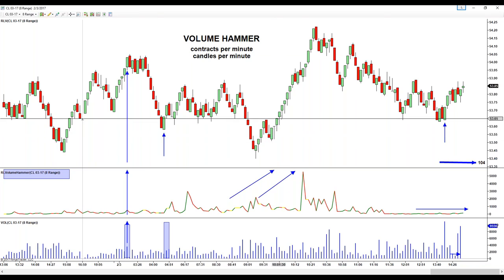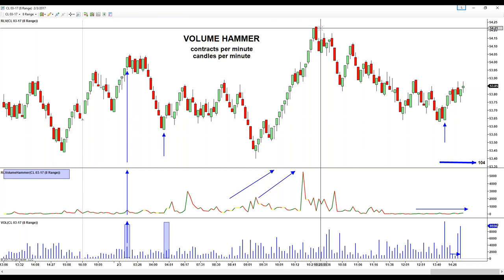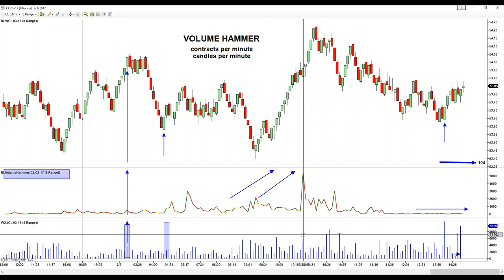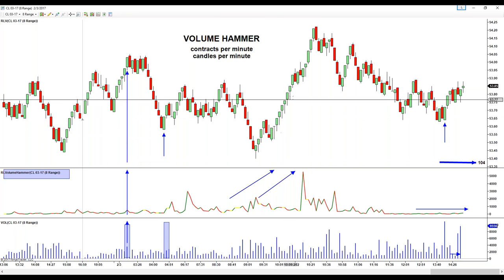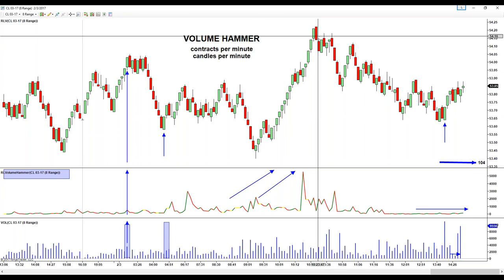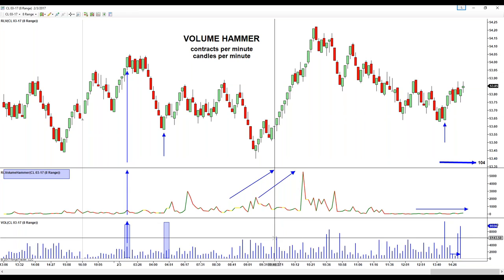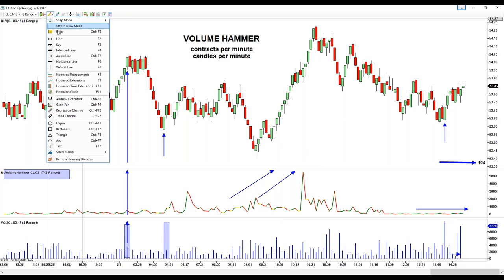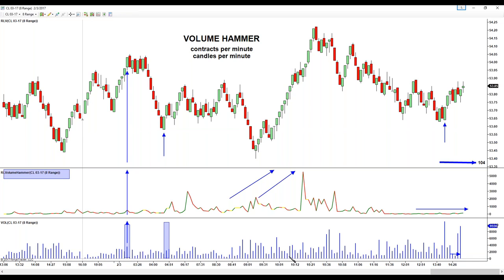Now, what happens when candles form really quickly? Volume may pick up, but the candles may fire out so quick that there may not be time for any volume spike to appear. So what you get is this little spike here.